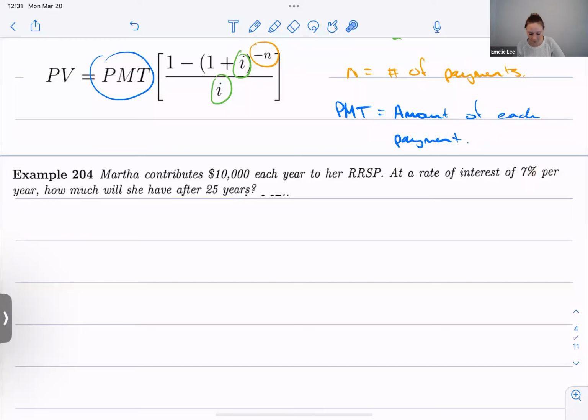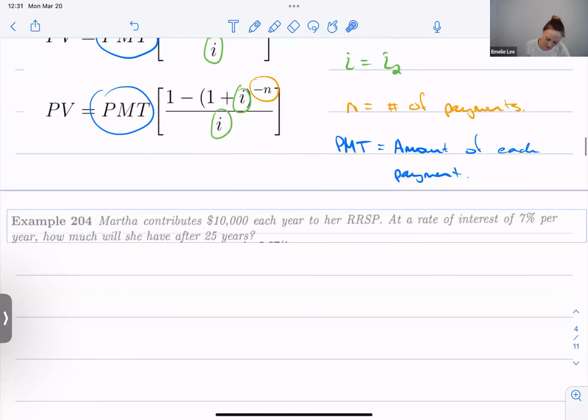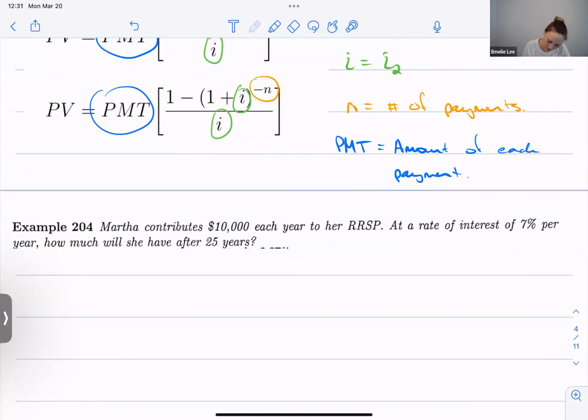Okay. So let's start by just kind of highlighting all the information that we have, okay? Because now this is going to be slightly different than before. So she contributes $10,000 each year, which means the payment amount. So the PMT is $10,000.